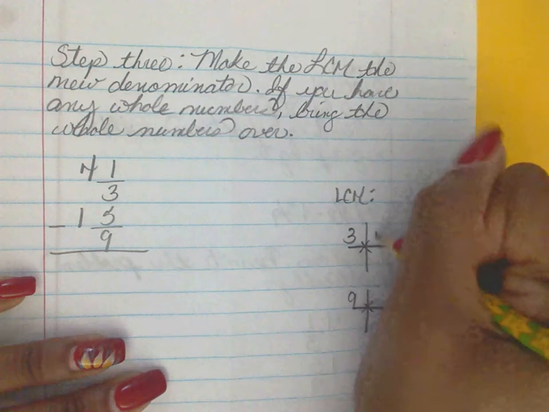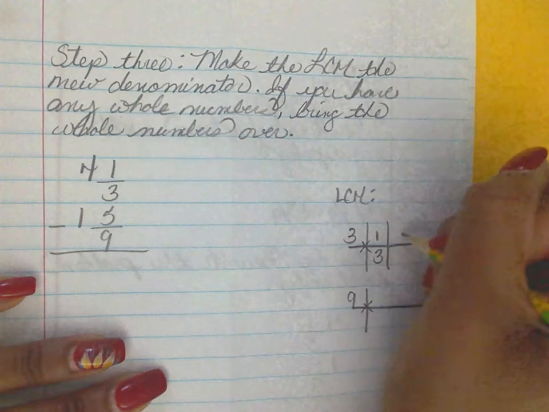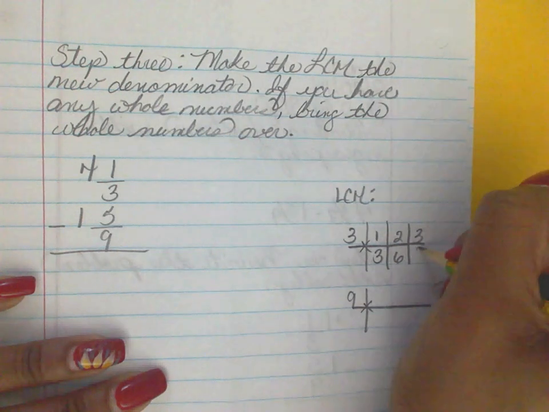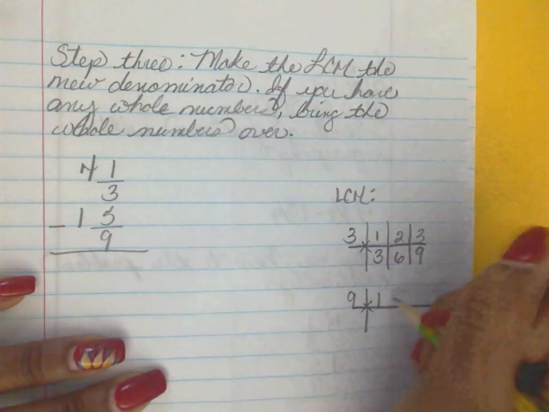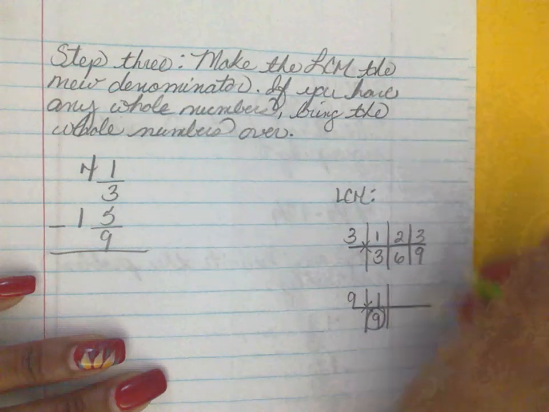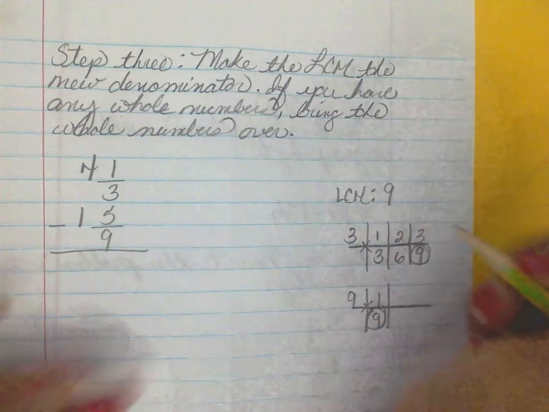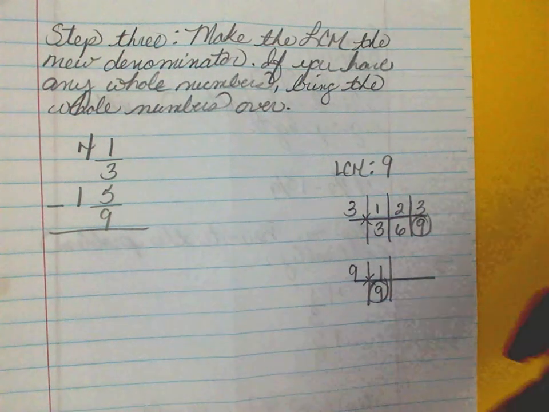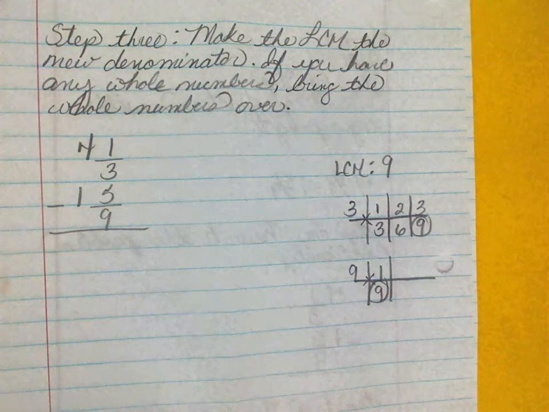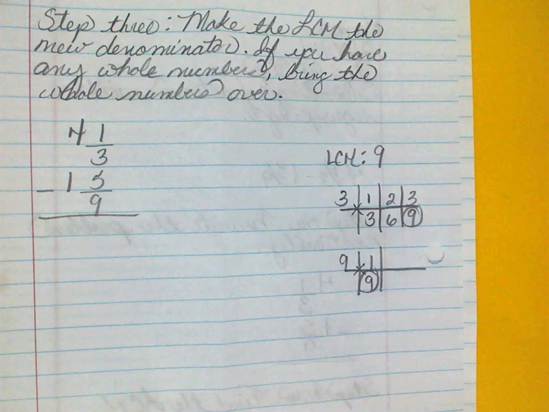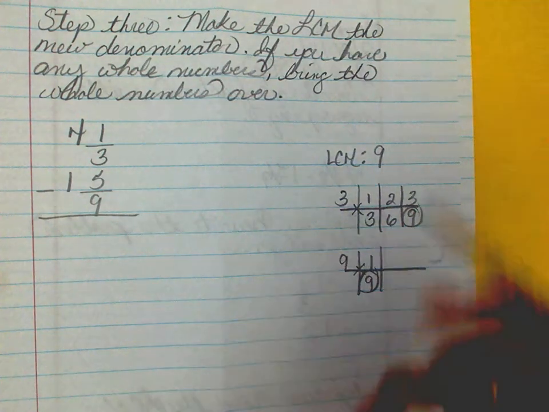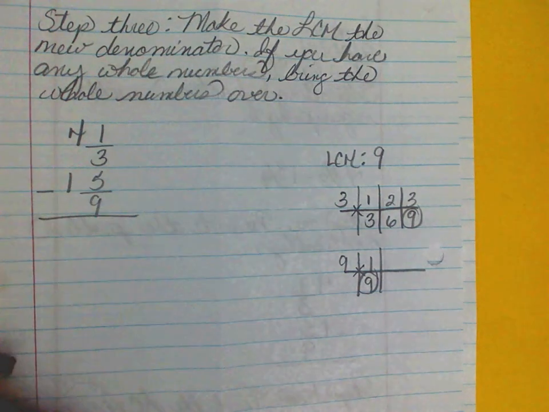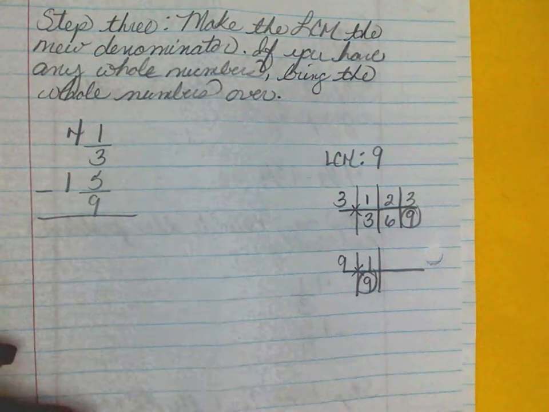So 1 times 3 is 3, 2 times 3 is 6, 3 times 3 is 9. You have 1 times 9 is 9. Circle that LCM. Step 2, you had to write your LCM. Step 3, you have to use your LCM as your new denominator. So again, let's recap.